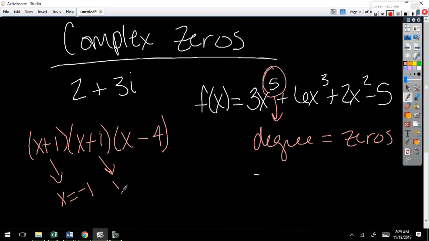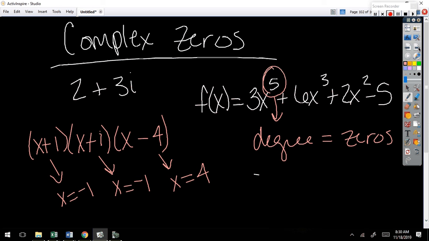That's a repeated zero, but it still counts as 2 of my zeros towards that n number of zeros. Does that make sense to you? Your degree equals your number of zeros. That is called the fundamental theorem of algebra. Everybody okay on that? Like I said, we covered that.